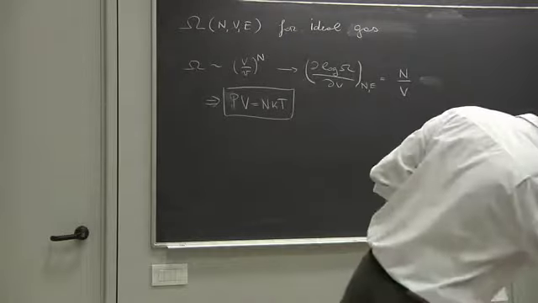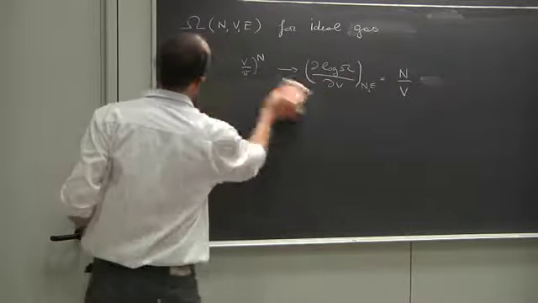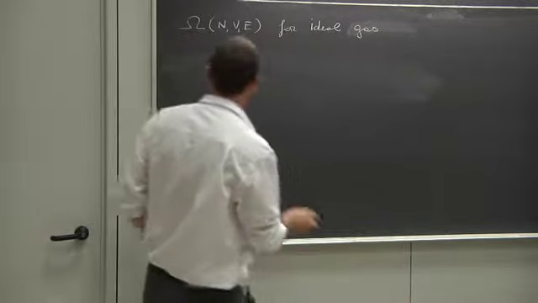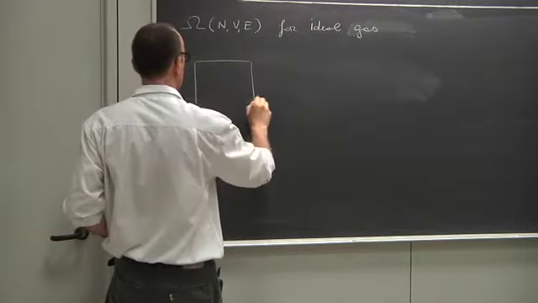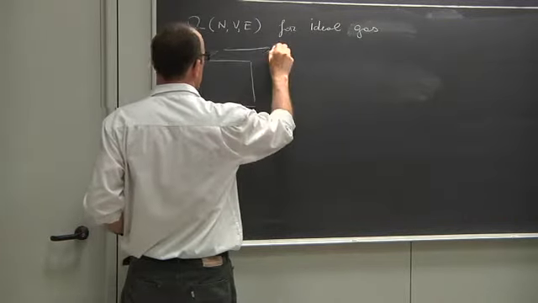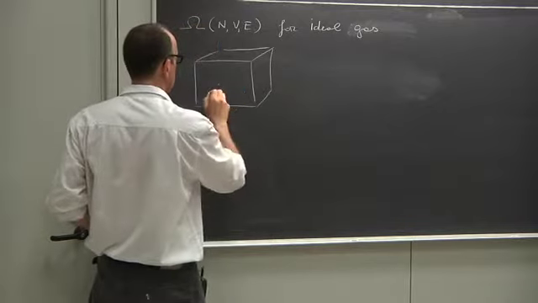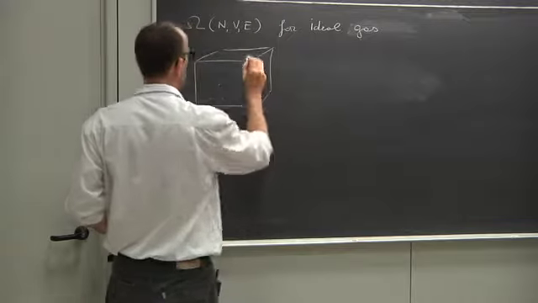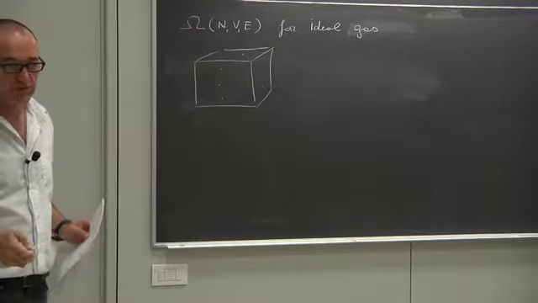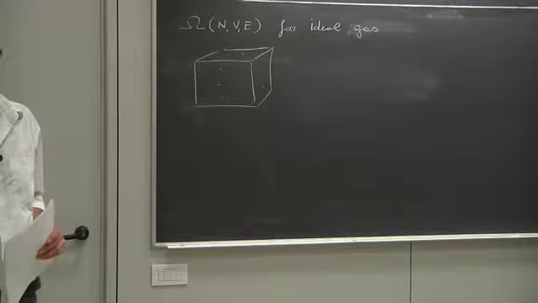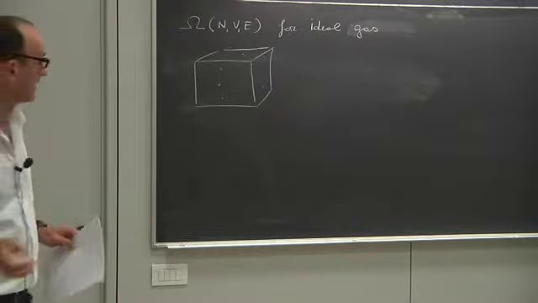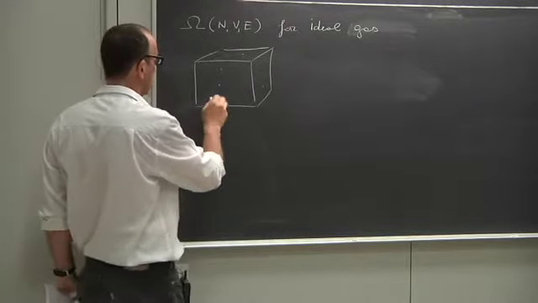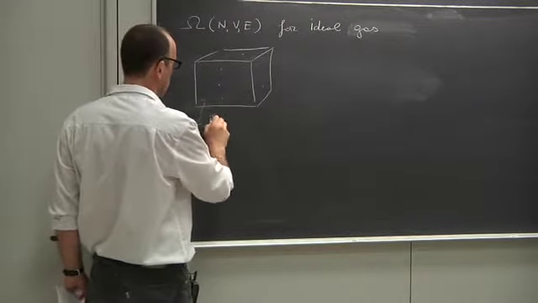So now our particles are going to be particles inside a box of volume V, and let's assume that we want to describe them in terms of quantum mechanics. So each particle will be described by its wave function.